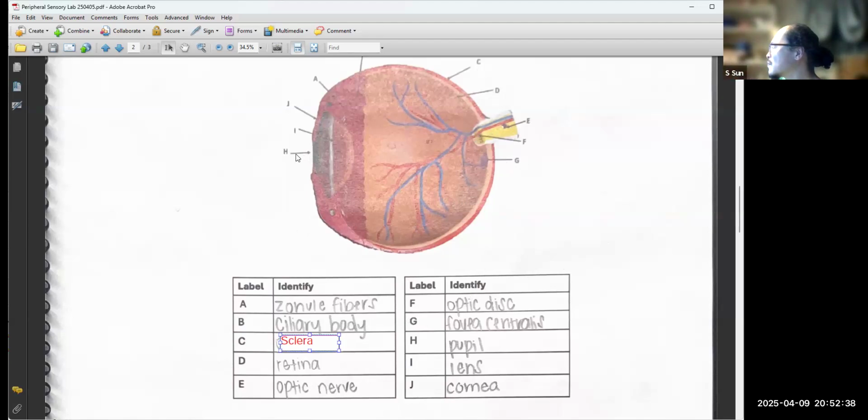H is the pupil. I is the lens, it's pointing at this portion. J is the cornea. Cornea is supposed to be transparent. So that's cornea. So that's that, all right?